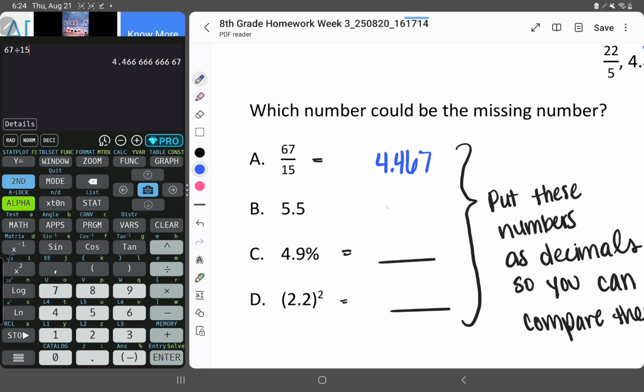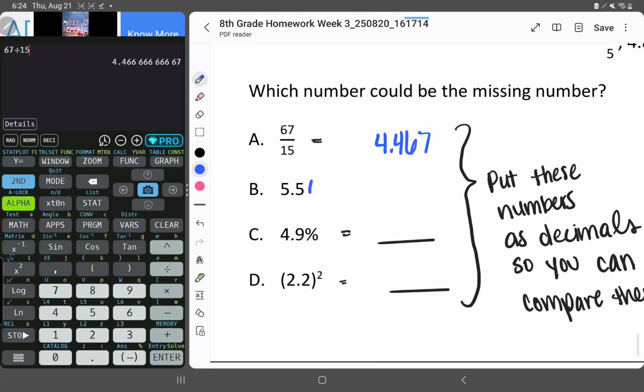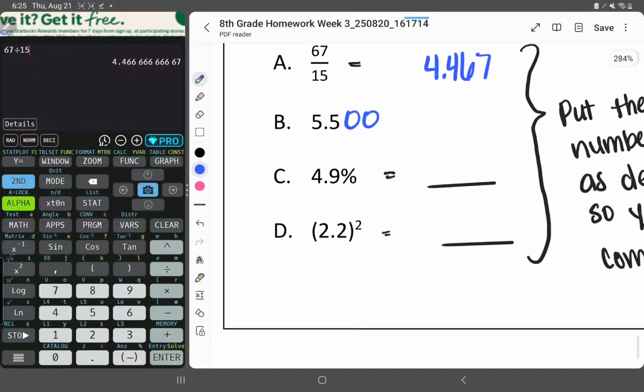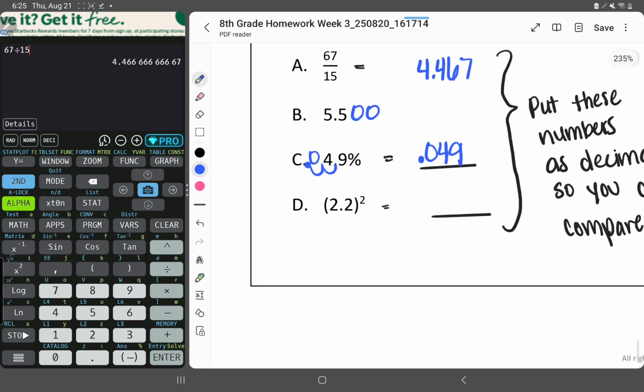And then we just have 5.5. I'll tack 2 zeros onto that. And then how do we turn a percent into a decimal? We take this decimal and we move it over 2 times. Into this blank right here is going to go a 0, so that's 0.049. And then we have 2.2 squared, so I would do 2.2 and then hit the squared button. It's going to give me 4.84.